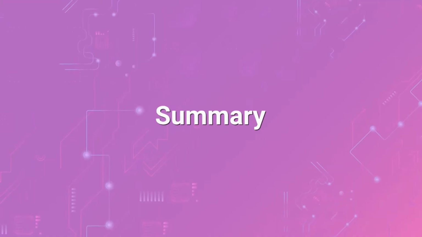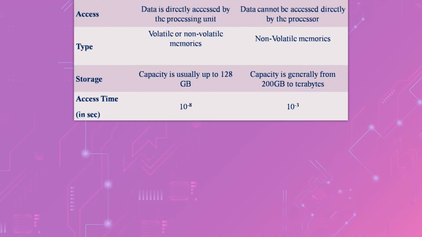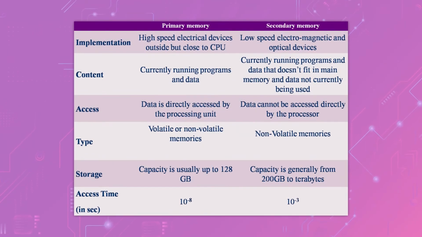Now, if we go along with the basic concept we have discussed in this particular unit, we can summarize it in terms of 3 memory unit divisions. One is the CPU memory, second is your main memory, and lastly we have the secondary memory.